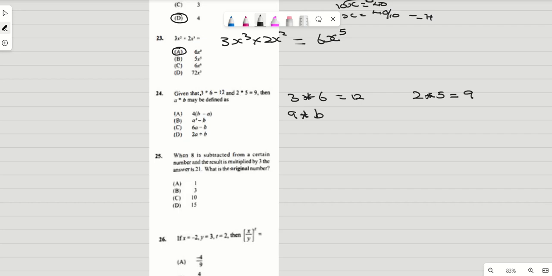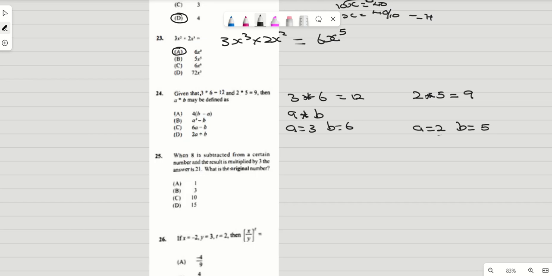If we compare A asterisk B with these, we can see A is equals to 3 and B is equals to 6, or A is equals to 2 and B is equal to 5. So we're going to use these here to see which one. We have to get answers 12 and 9 when A is 3 and B is 6, or when A is 2 and B is 5.